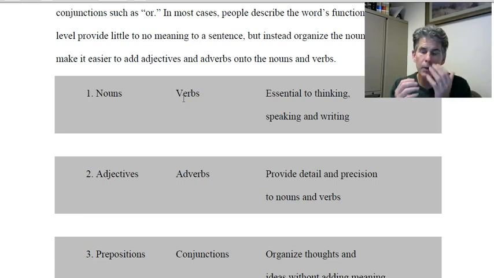My understanding is that they're universal to all languages throughout the world. I don't speak all languages throughout the world. I'm struggling with the one I do have, but they are universal. Other parts of speech don't always exist in other languages. I won't get into all the nuances of it, but prepositions, for example, didn't really exist in Latin, my other language. But anyway, nouns and verbs are absolutely essential to your thinking, speaking, and writing.